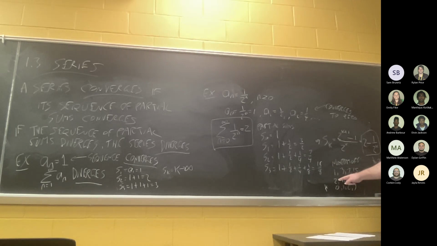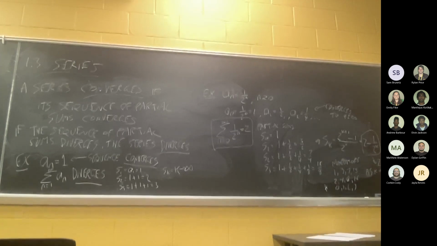Since these are 2 to the 1, 2, 3, 4, but our indices are 0, 1, 2, 3, that's why you have to add 1. It helps if you look at the 15 over 8. If you add 1 eighth, you get 16 over 8, and that equals 2. So that's where you get your first number from. And how do you get the 1 eighth out of that? That's where you're getting the rest of the equation.